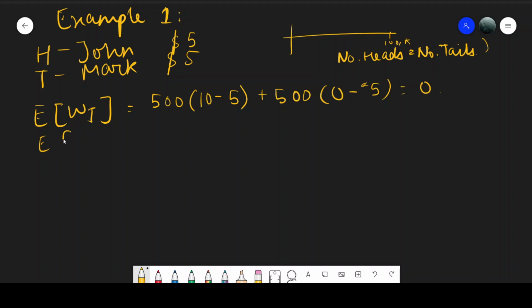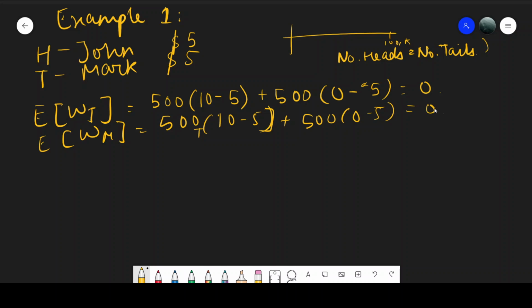Similarly, the expected winning of Mark is 500 into 10 minus 5, this is the number of tails coming up, plus 500 into 0 minus 5. Again, this is equal to 0. And because the expected winning of John is equal to the expected winning of Mark, we can say that this is a fair game.